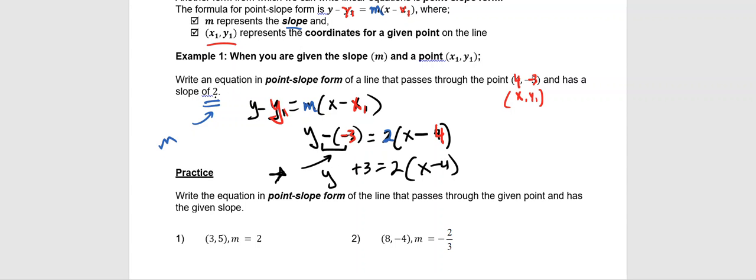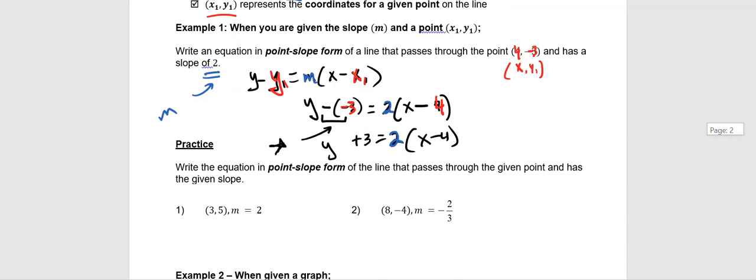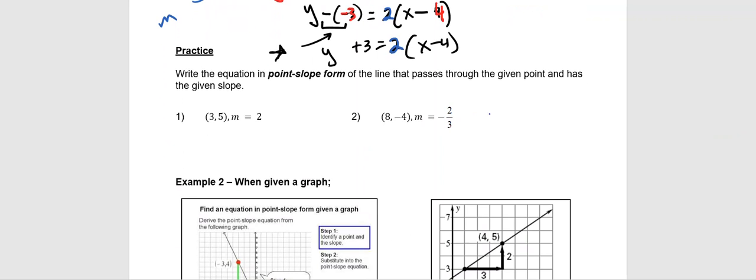of the line with a slope of 2 and an ordered pair representing the point 4, -3. That's it. We're done. So I'm going to ask you to repeat the process for the next two examples.